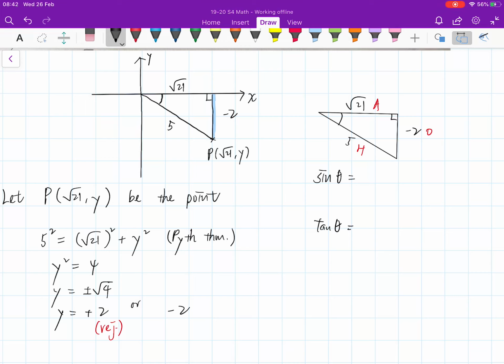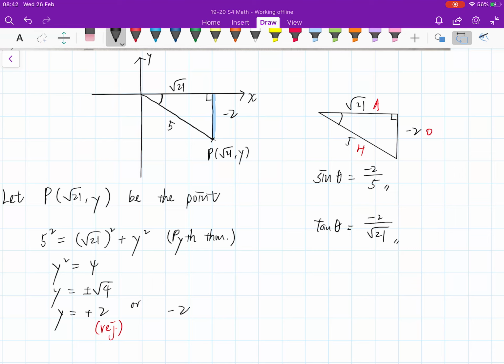For sine theta, it is O over H, which is negative 2 over 5. And for tangent theta, it is O over A, so it is negative 2 over the square root of 21.